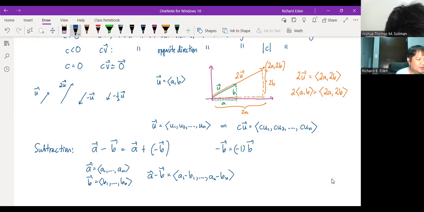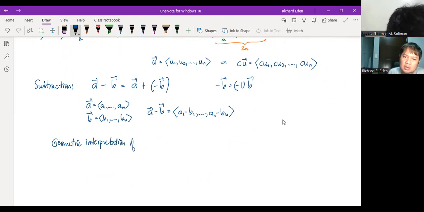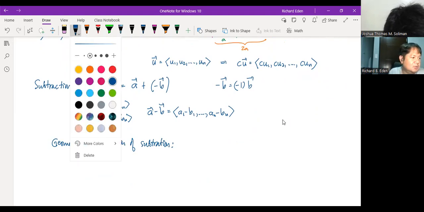But what is fun to look at is the geometric interpretation of subtraction. Okay. So let's say we have the following two vectors drawn from, let's draw them from the same starting point.